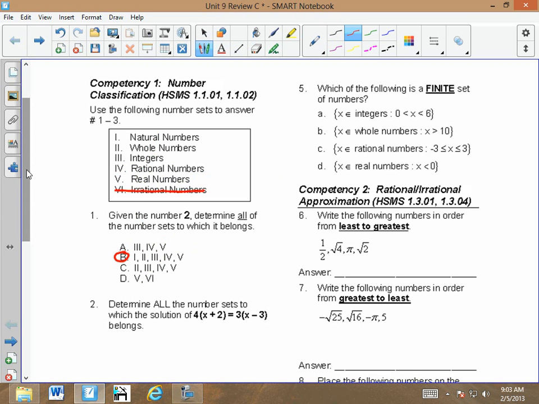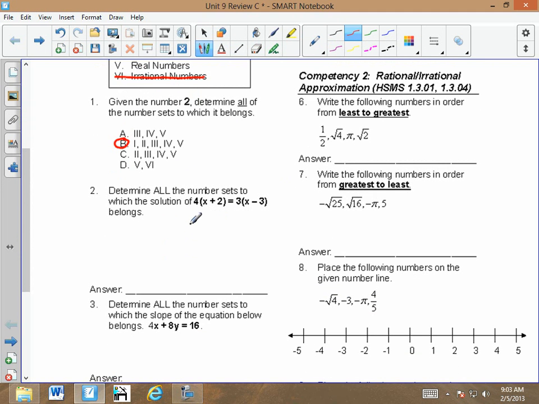Determine all the number sets that the solution to this belongs to. So we have 4x plus 8 equals 3x minus 9. So we're going to have x equals negative 17.